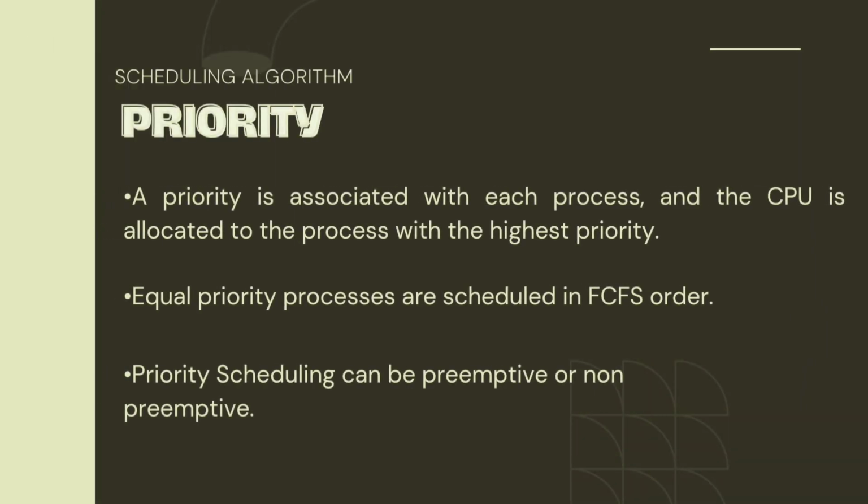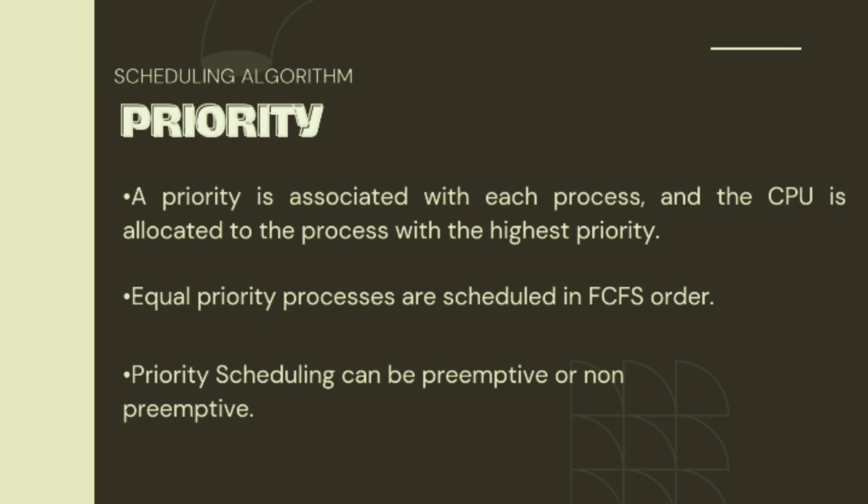Priority. A priority is associated with each process and the CPU is allocated to the process with the highest priority. Equal priority processes are scheduled in first come first serve order. Priority scheduling can be preemptive or non-preemptive.